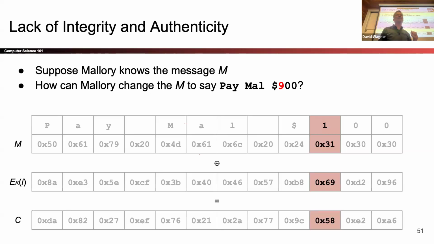Let me show you how that could happen. Just look at this byte position that corresponds to the encryption of the 1 in the $100. 1 in ASCII is hex 31, and that gets XORed with some pad to get a ciphertext. What is the hex for 9, the digit 9? 39.